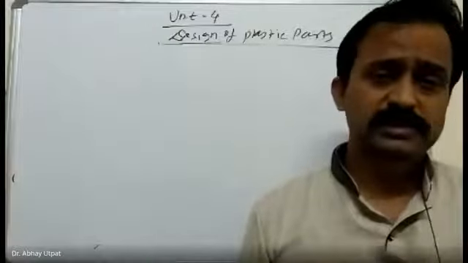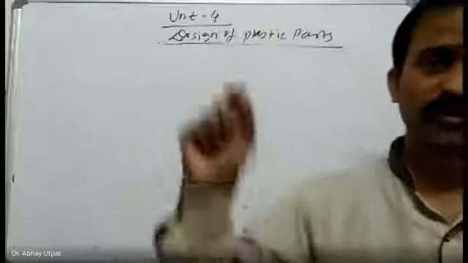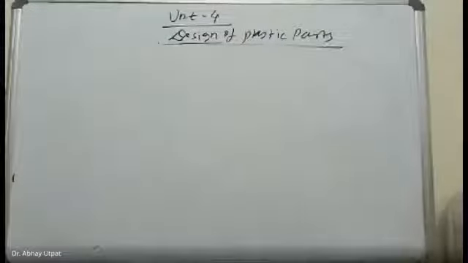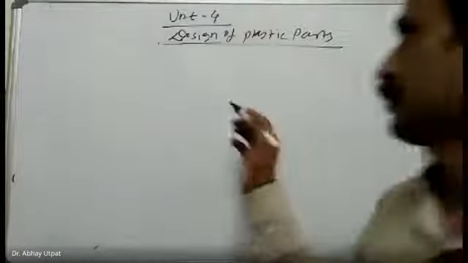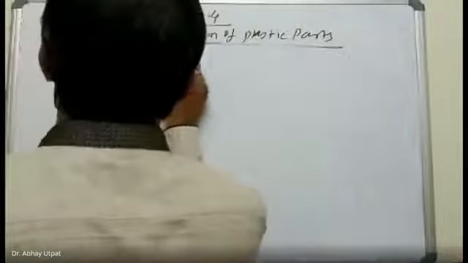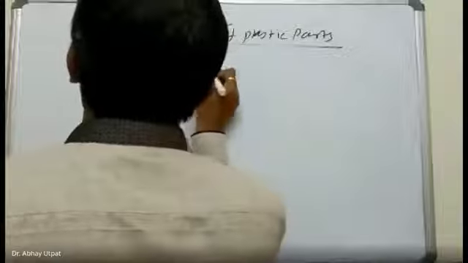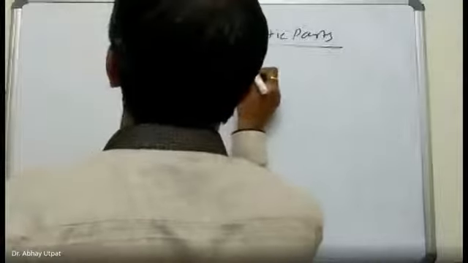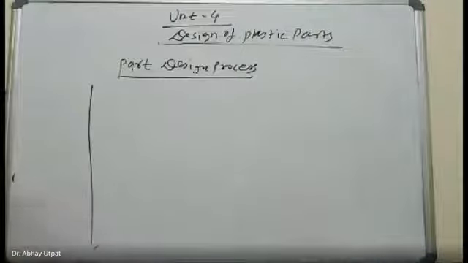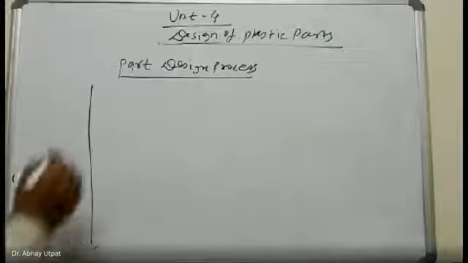Now let us start with the first content, that is types of part design. You can write part design process. If we classify this, there are 4 types of part design.